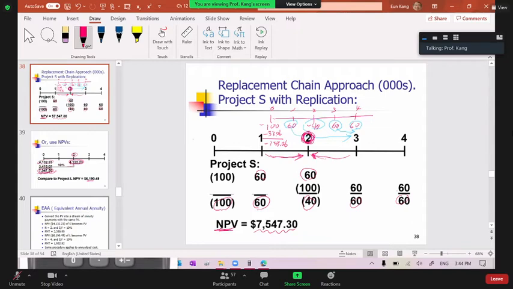Then this one, easy one, is 60 times 1.1 is 66. But this one is 3 year, right?